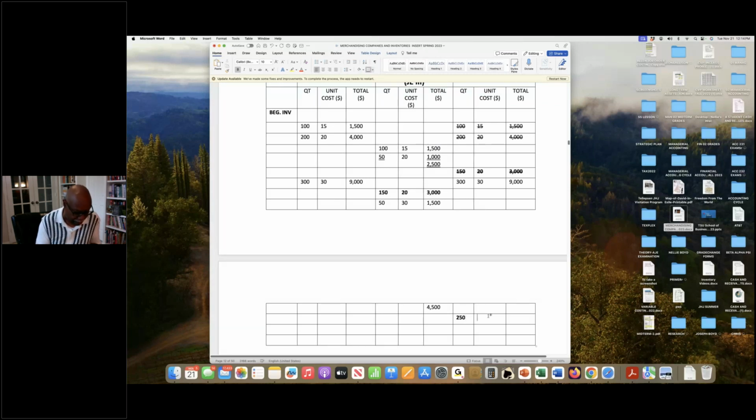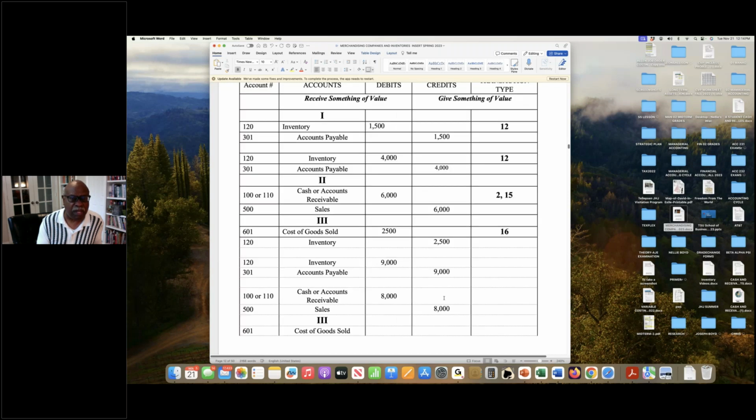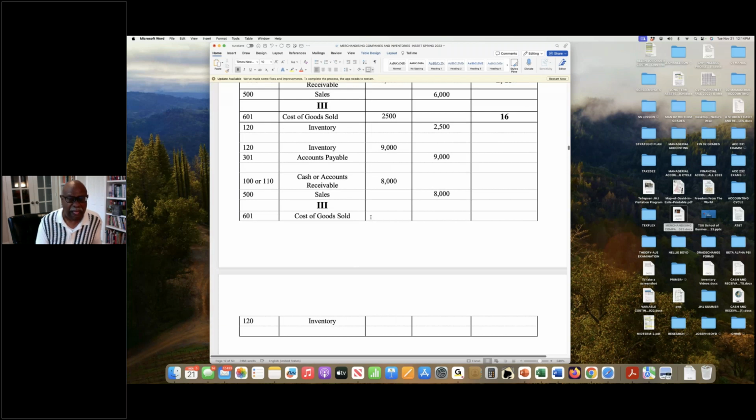That should be 7,500. So now this is the cost of goods sold for that transaction, 4,500. So here we're going to have cost of goods sold debited 4,500 and inventory credited 4,500.